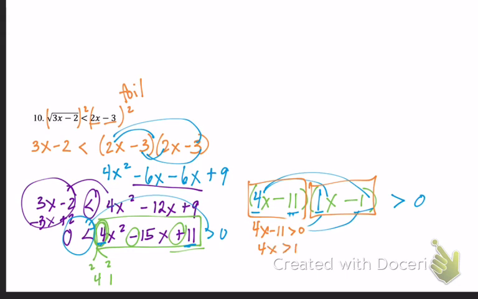So 4x is greater than 11, x is greater than 11 over 4. And then my second solution, x minus 1 greater than 0, x is greater than 1. So x is greater than 11 over 4, and x is greater than 1.